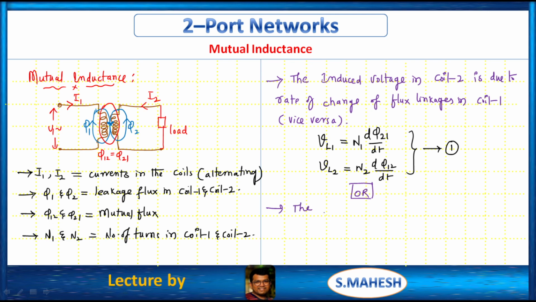The induced voltage in coil 2 is due to the rate of change of current in coil 1. That is vice versa.